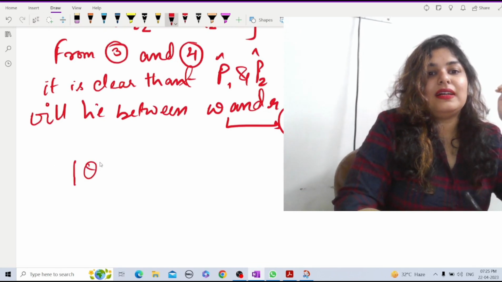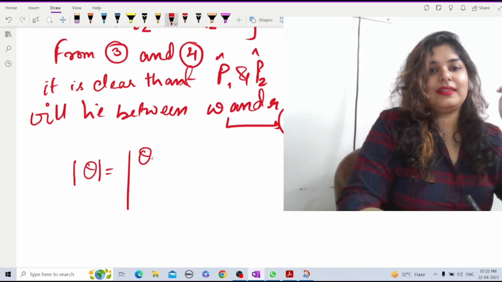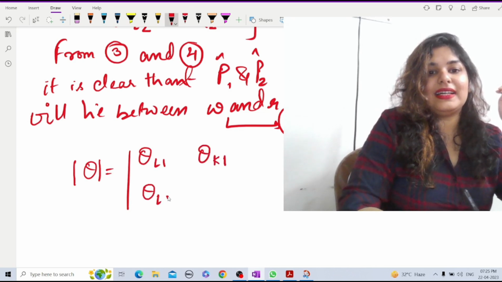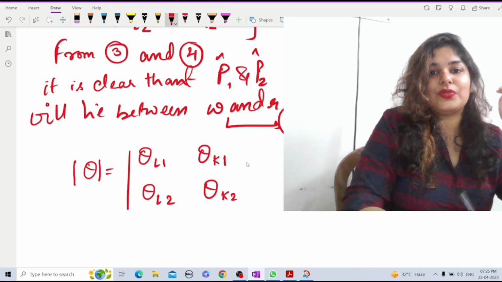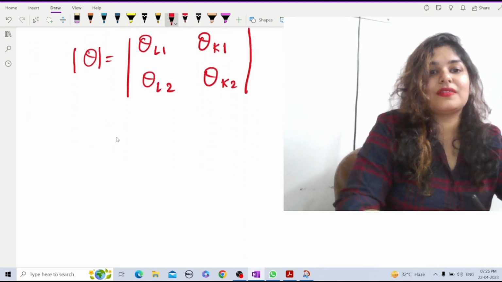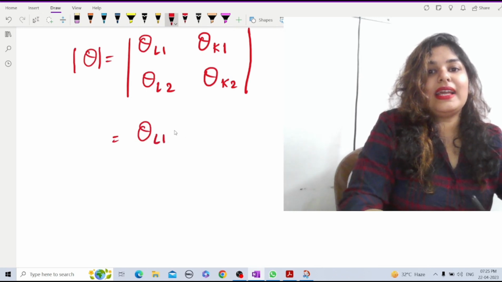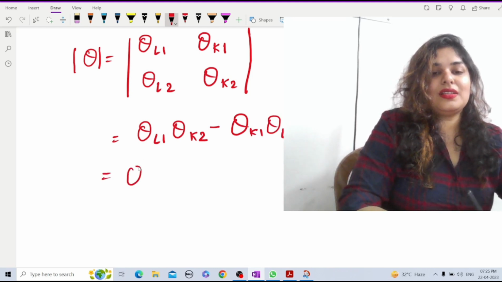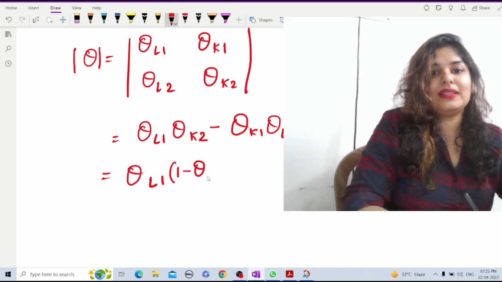So theta is equal to theta L1, theta K1, theta L2, theta K2. Now let's solve this determinant. That is theta L1 into theta K2 minus theta K1 into theta L2. Now this is equal to theta L1, in place of theta K2, I can write 1 minus theta L2.